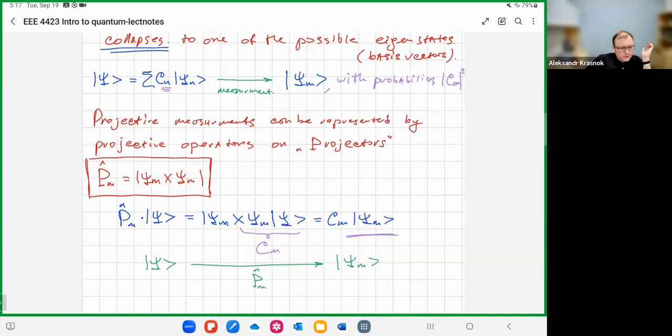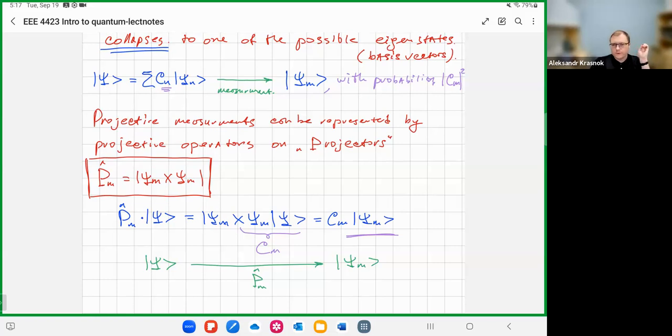There is a question in the chat: is there a way to use quantum sensing to not disturb the state of the quantum system? The answer is no. We cannot measure a quantum system without acting on it. But there are other types of measurements that reduce this action on the quantum system by some level, but the action is always there.